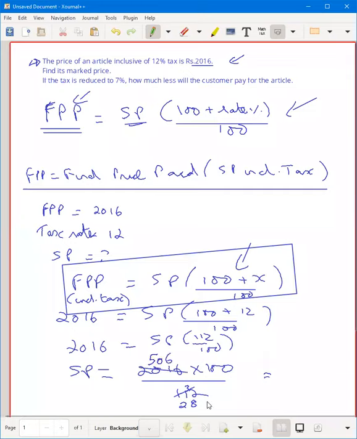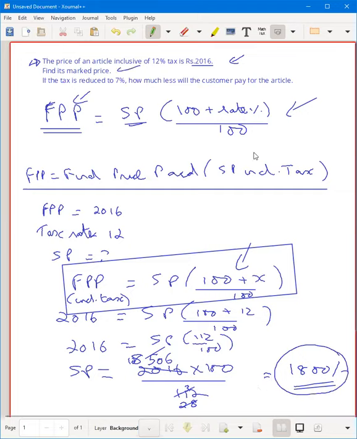We can cancel this. So the answer is 1800. Yes, sir. So this is the reduced price now, or the selling price. So the first part of the question is over.